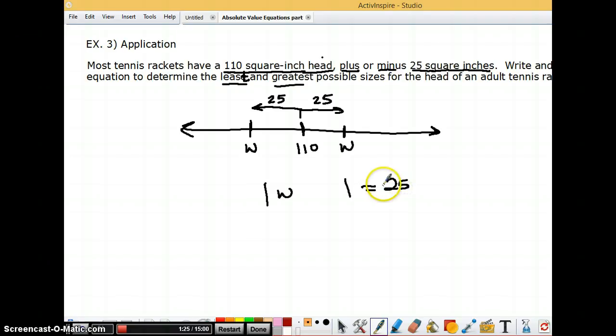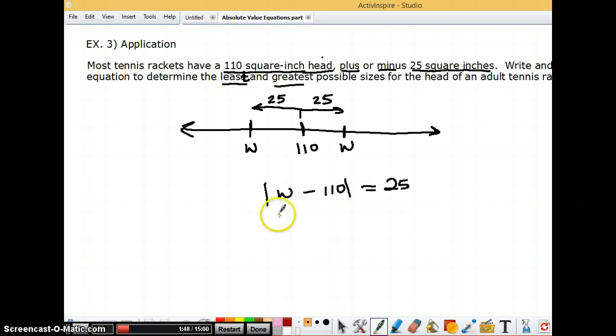We want it to be plus or minus 25. So we want it to be the positive or negative, which is what the absolute value is going to do. So our width minus 110, so the absolute value of our width, if it's bigger than 110, it'll be positive. If it's smaller than 110, it'll be negative, has to equal 25.